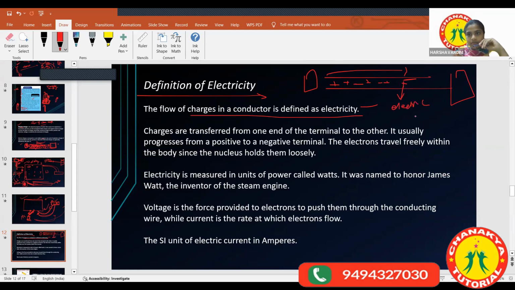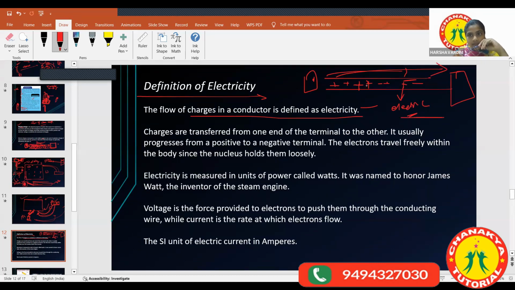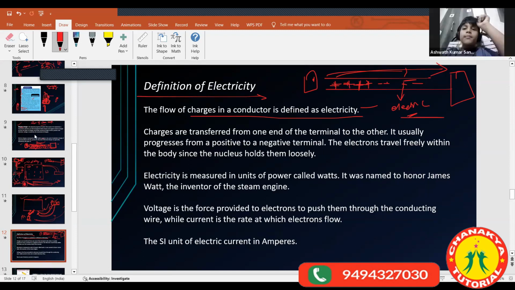Individual charges that you are seeing in the wire flowing from the switch box to your appliances, the total flow, when they flow, they make up electricity. When they don't flow, when they are in a static position, they are nothing but charges. Understood? Yes, ma'am.